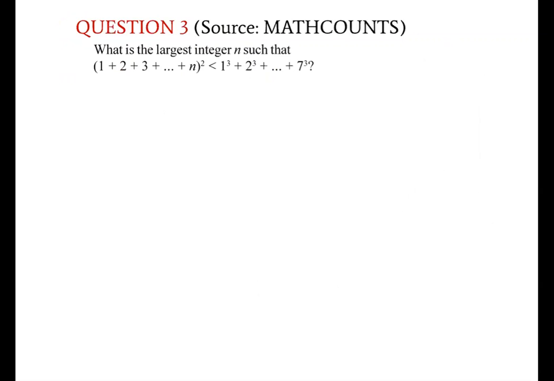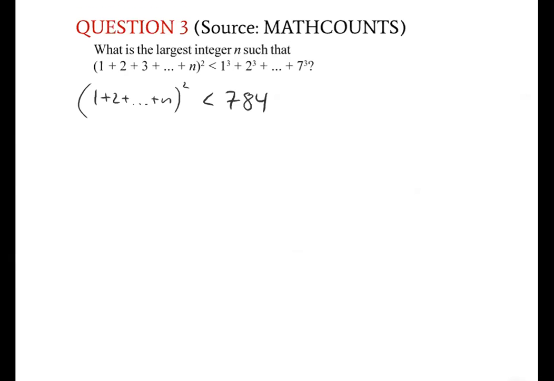Question 3, we want to find the largest integer n. So first of all, let's just add up all of this, and you'll probably need a calculator for this. So when you add up all of that, you will get 784.